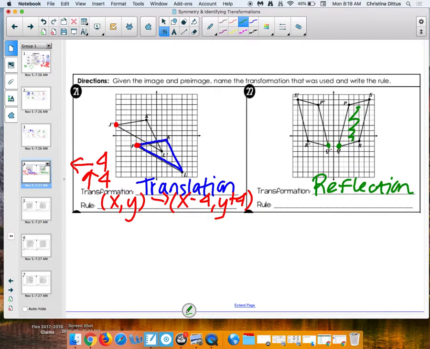What line did we reflect over? The y-axis. How do you know? It's in the middle of them. If you look at Q, it's one away each side from your y-axis. So our rule, we just reflect in the y-axis.